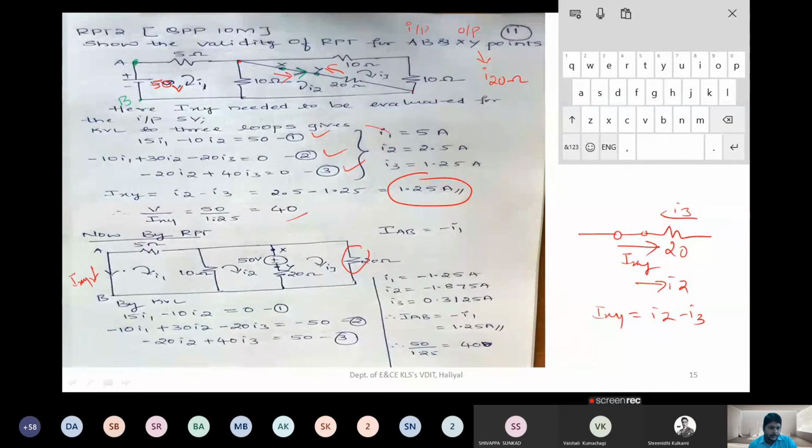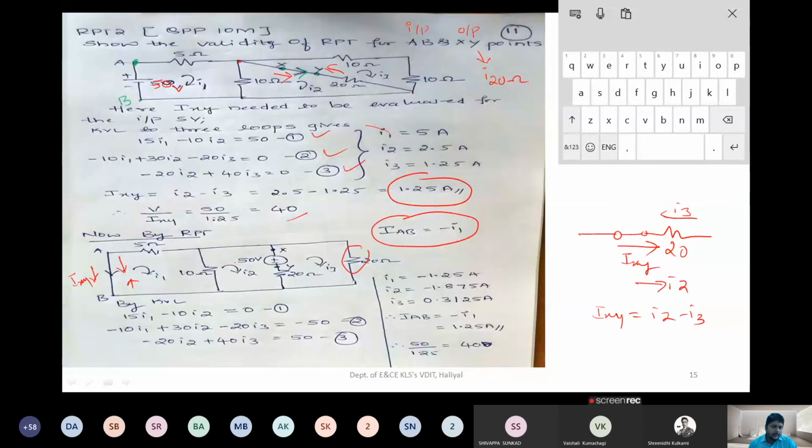You have to find this current. This current, if you mark here, if you observe the loop current is flowing like this. So what you can say, IAB is nothing but minus I1. So if you find I1, if you multiply by minus, so you will get what now? IAB.